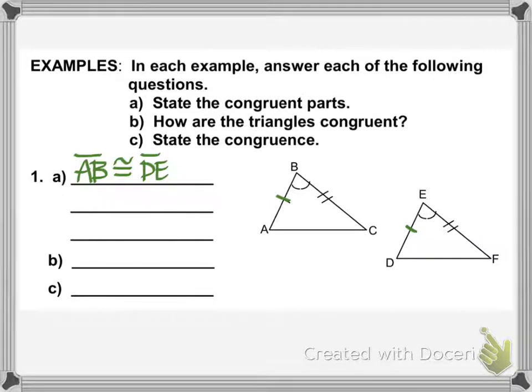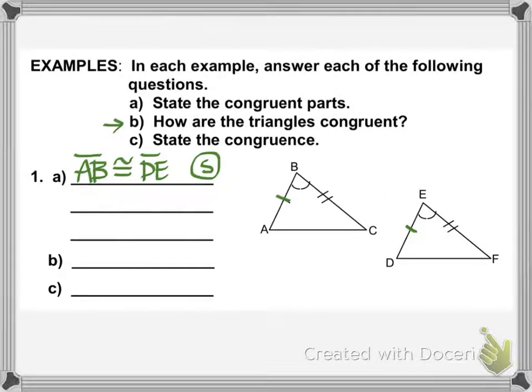So what I want you guys to do, and I want you to get in the habit, since those are sides that are congruent, I want you to put a little S out to the side. And that'll help us when we get to part B, where we're trying to figure out if it's SSS, SAS, ASA, or HL.